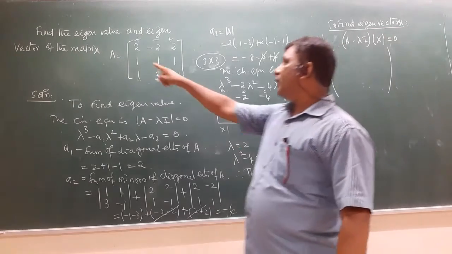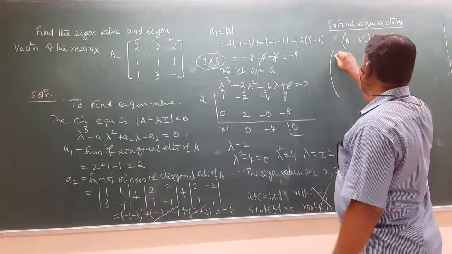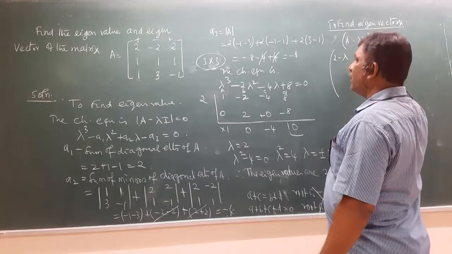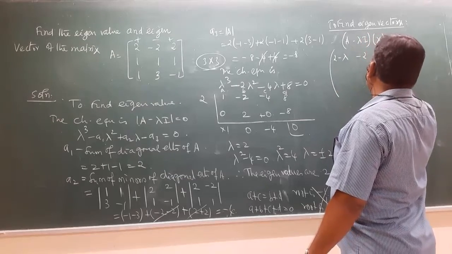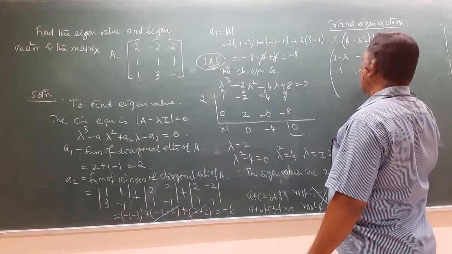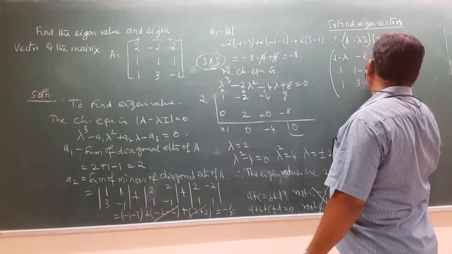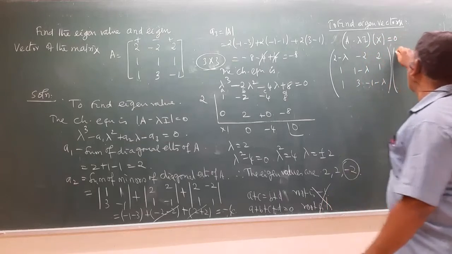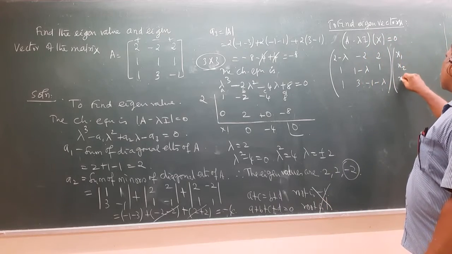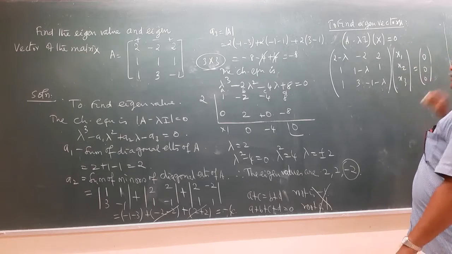In this given problem, we write the matrix with entries 2 minus lambda, minus 2, 2; 1, 1 minus lambda, 1; and 1, 3, minus 1 minus lambda, times x1, x2, x3 equal to 0, 0, 0.